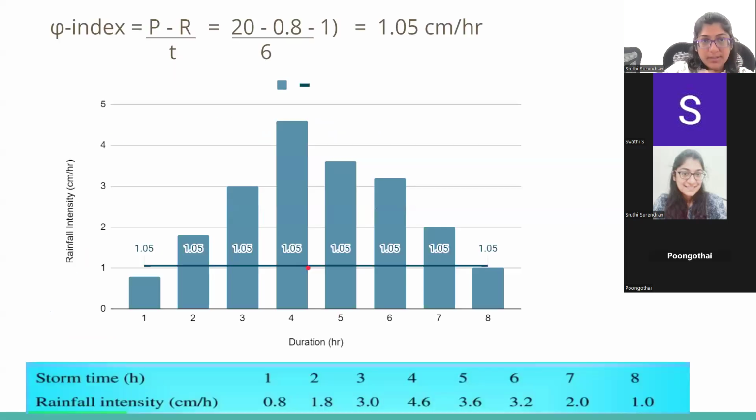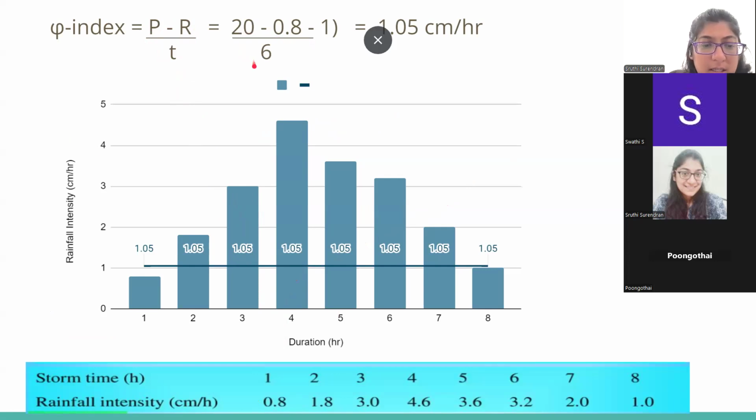Yes, let's check this problem. So first we are finding out the rainfall depth from the intensity, and then phi index is (P minus R) by T. You have to multiply and find the depth. No, this is not right.